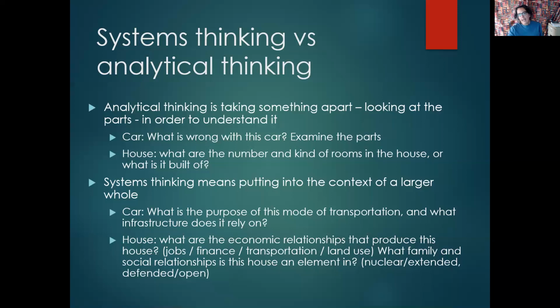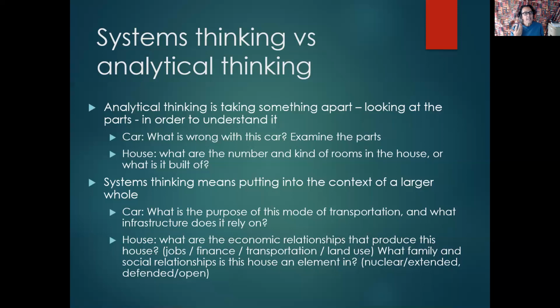Say we look at a house from a systems point of view. You can look at it from the point of view of what are the economic relationships that produce this house. You can look at a house as a thing that is produced by our tax policy, the way that our tax policy favors home ownership as a type of sheltered investment. So you can actually see a house or a housing form as a feedback in the tax system.